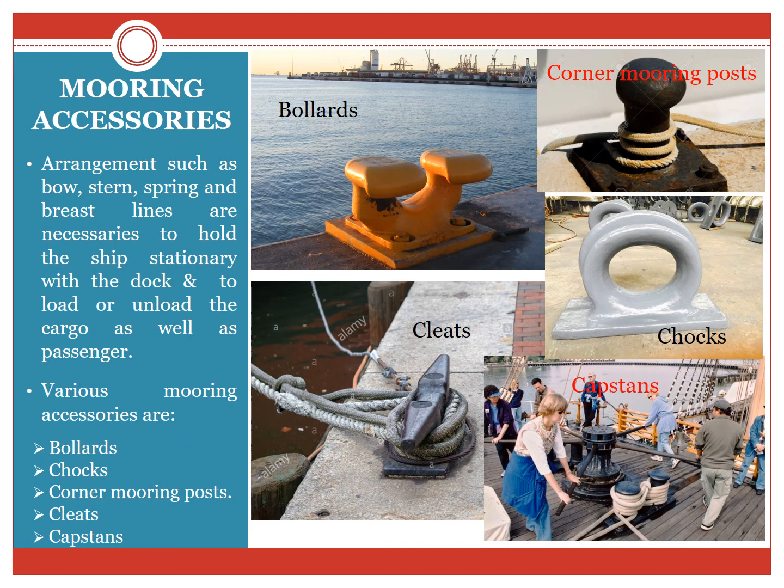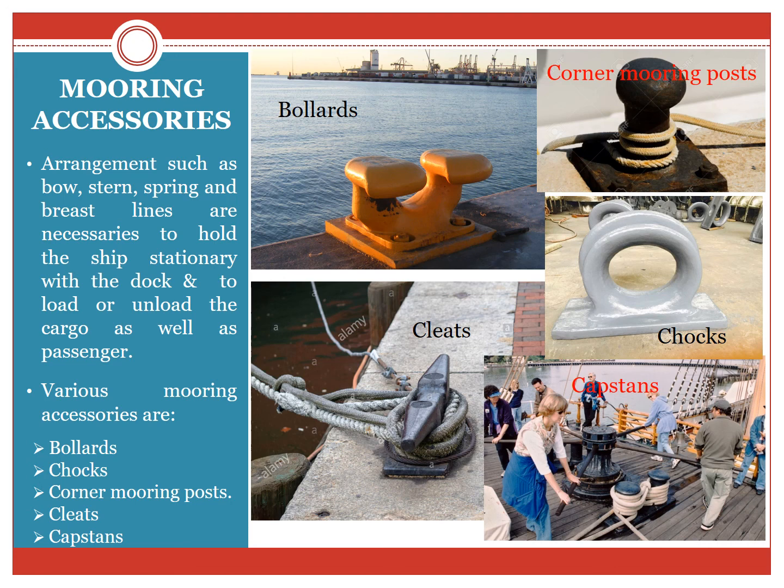Mooring accessories. Now the arrangement of bow, stern, spring, and breast lines is necessary to hold the ship stationary with the dock and to load or unload the cargo as well as passengers. Now ships tend to move due to the wave effects in the water. So for that the ships are tied to some instruments.